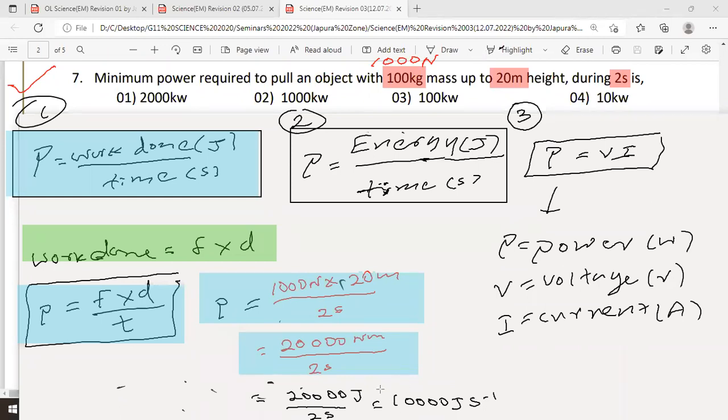But now, 10,000 joules per second is the same as 10,000 watt. 10,000 joules per second is also called 10,000 watt. But they have not given any of the answers in watt, so you have to convert watt into kilowatt.